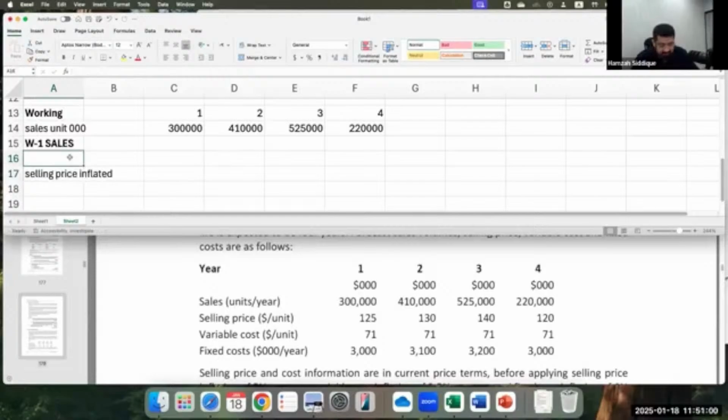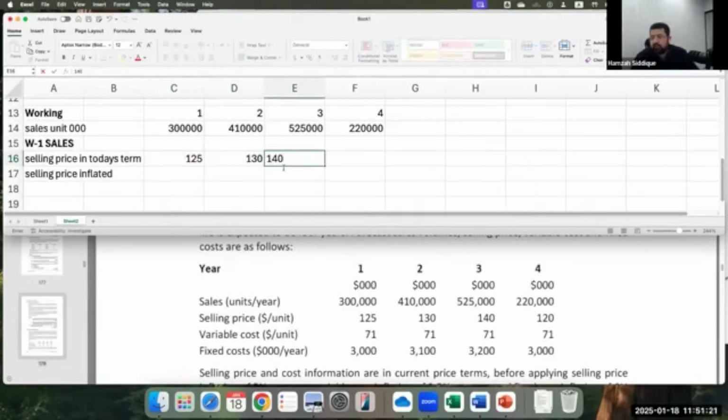Selling price in today's terms: they say in the first year it will be 125, then 130, 140, 120. In the exam, you can simply copy paste the table. Very easy in exam.